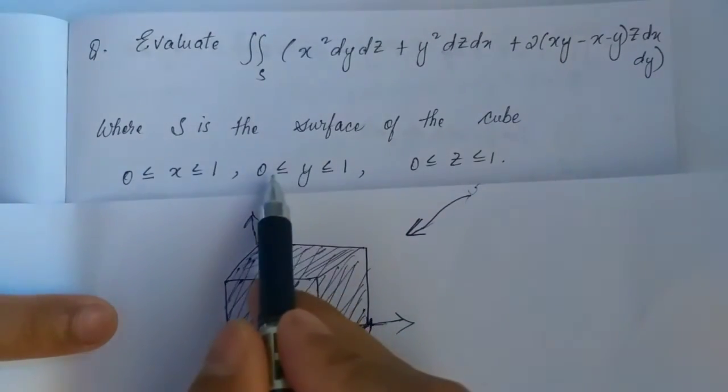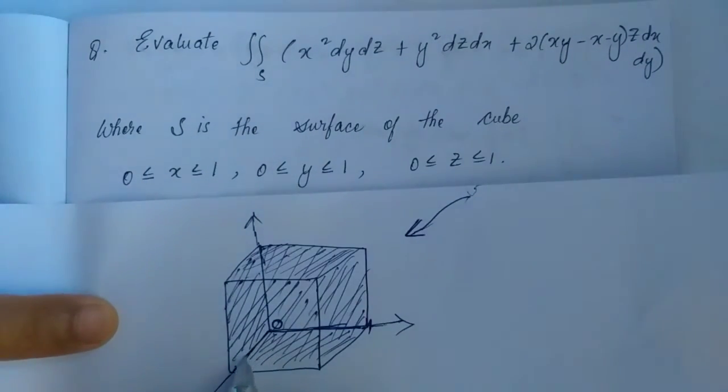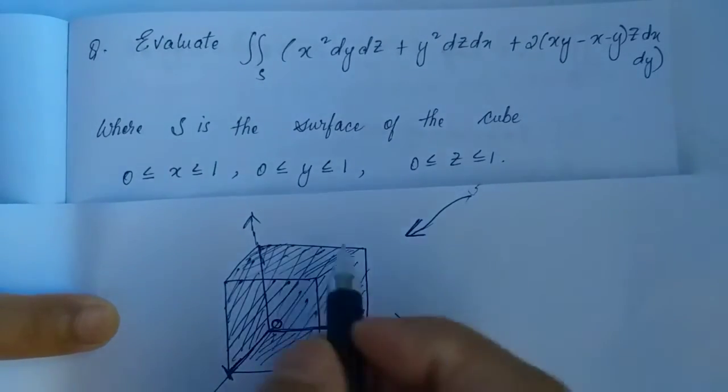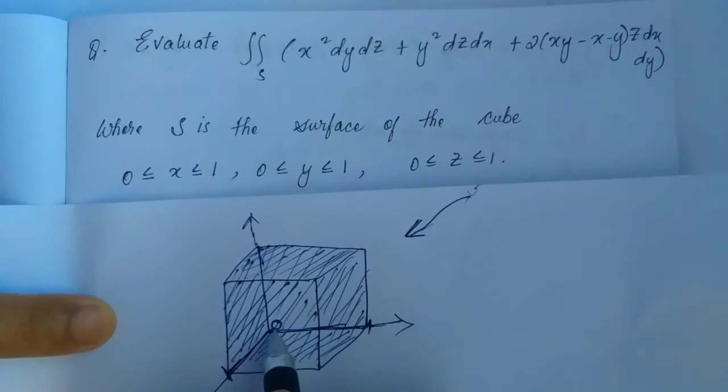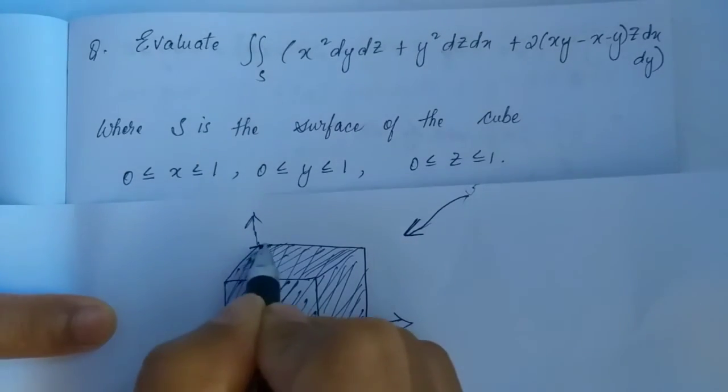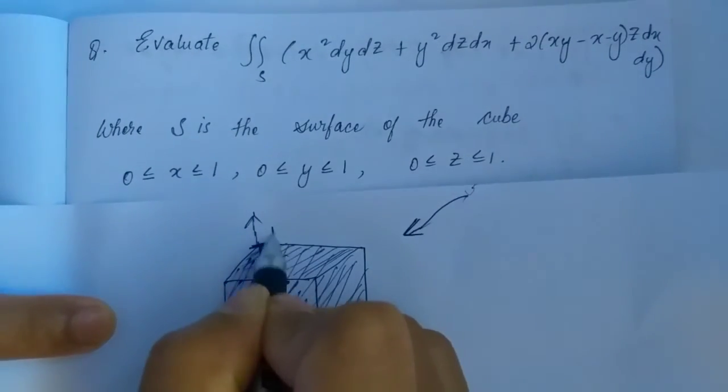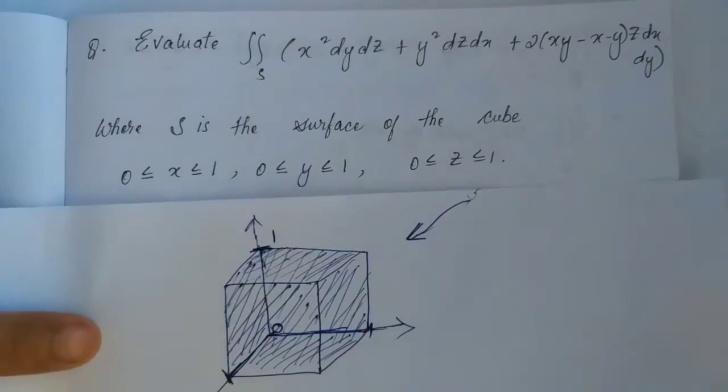Y will vary from 0 to 1, from 0 to this value here, y equal to 1. Similarly, z will vary from 0 to this value here, which is equal to 1.